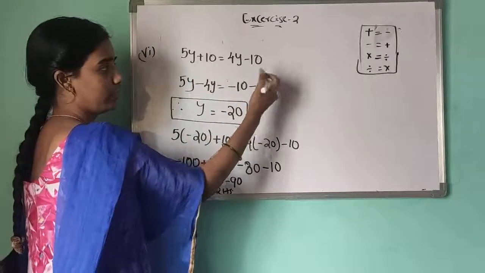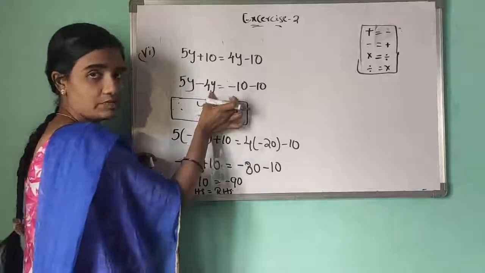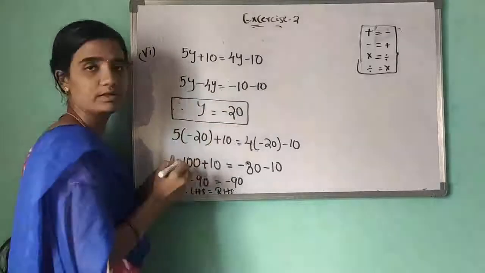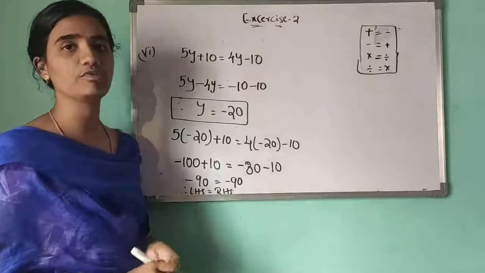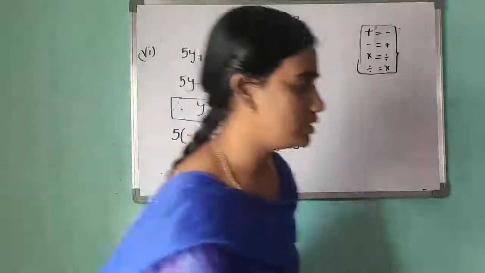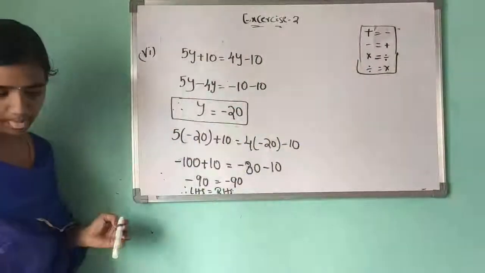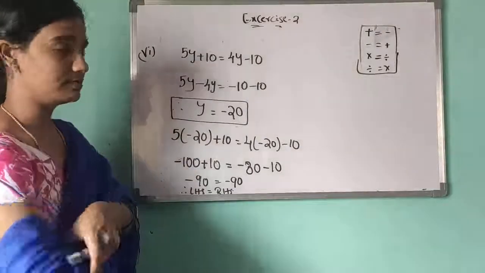It becomes minus 10 on the right hand side. So 5y minus 4y, y equals minus 20. Okay. If you substitute the y value, we have to get LHS equal to RHS. Therefore, the given equation is right. The y value, y equal to minus 20, is the correct answer. Okay.